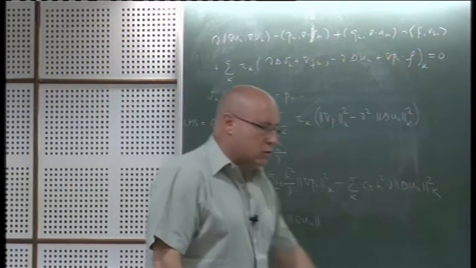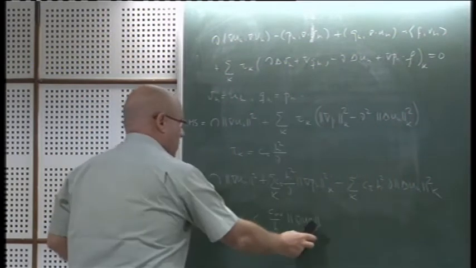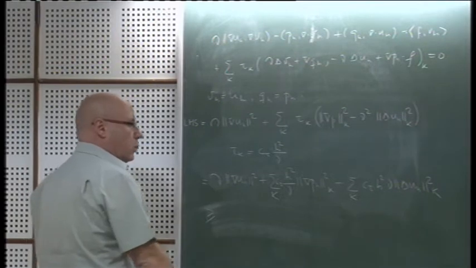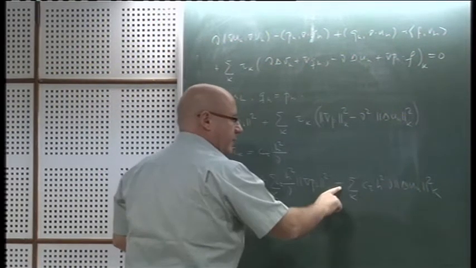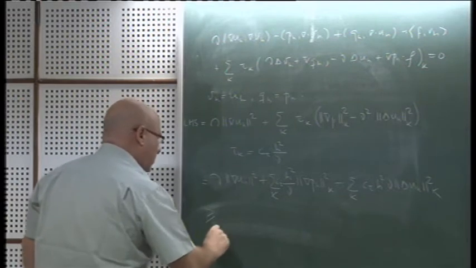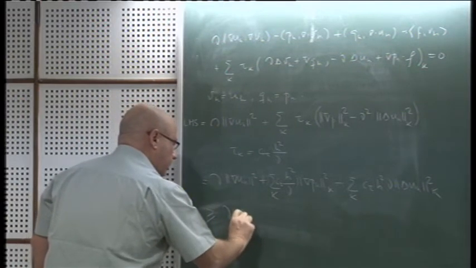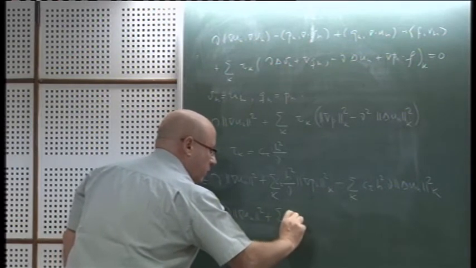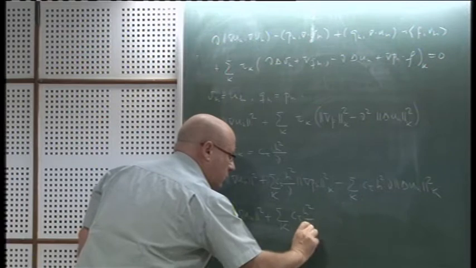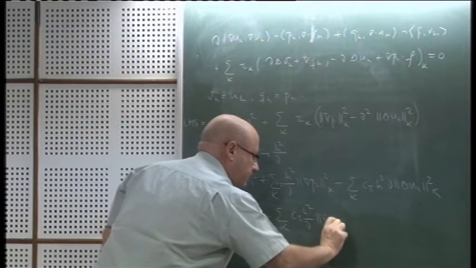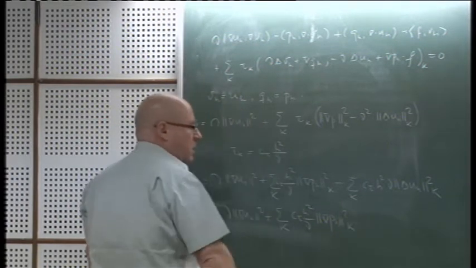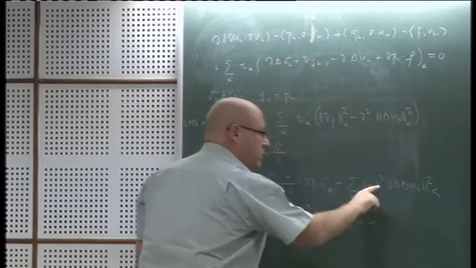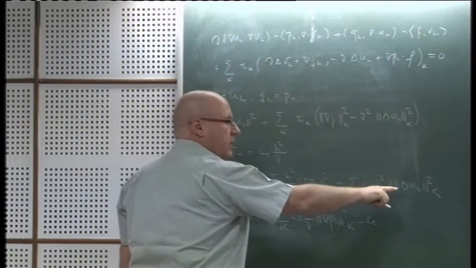Therefore, if I use this property, let me erase that. That is greater or equal, because this is smaller or equal, so I have a minus. That's going to be greater or equal the following: nu gradient of u_h squared plus the sum of C tau h squared over viscosity gradient of p_h squared minus C tau times h squared will cancel with the inverse estimate.